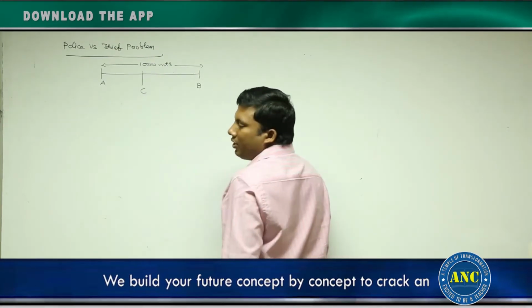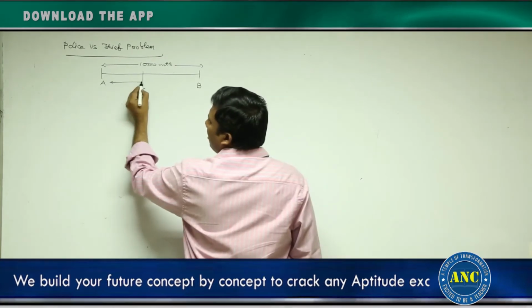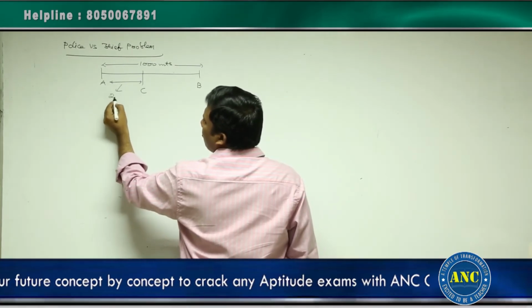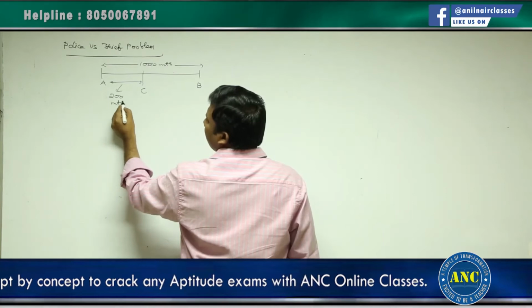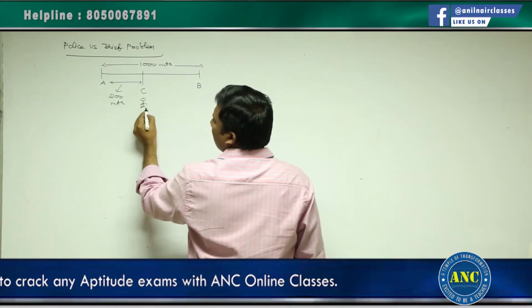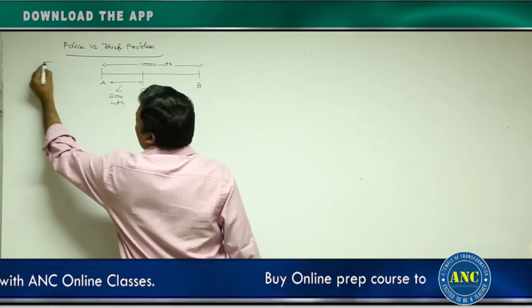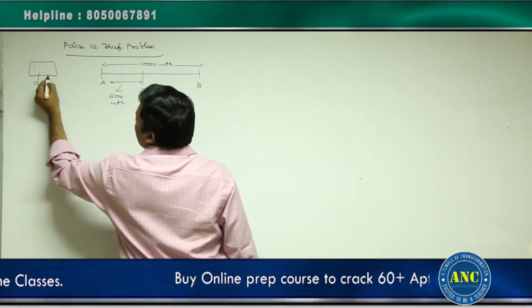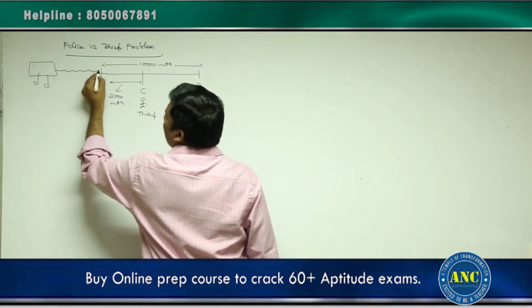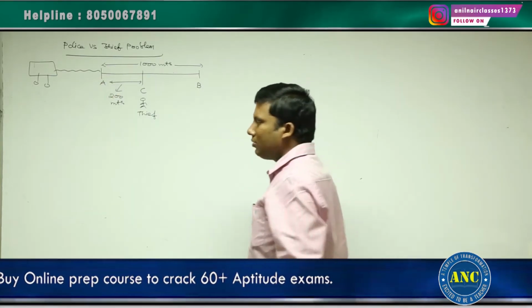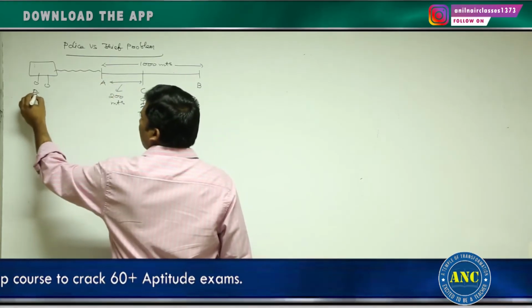He stopped at a point C. From C to A, that length is 200 meters. Here is a thief. Police is standing at a point at some distance away from the entrance of the bridge.